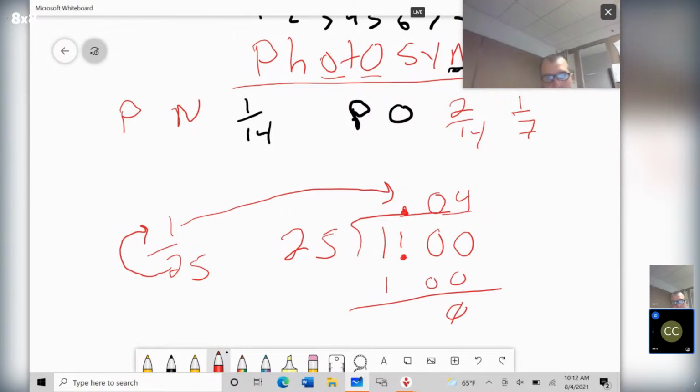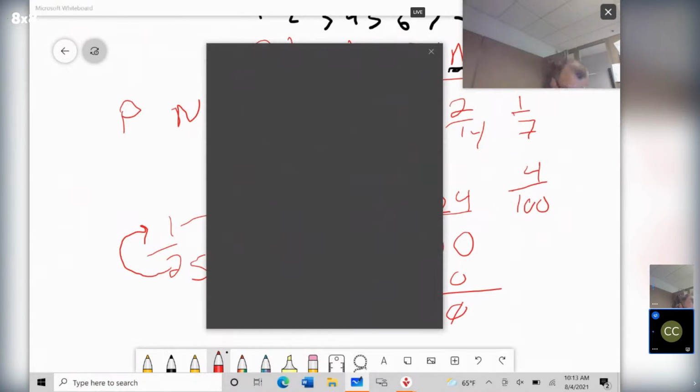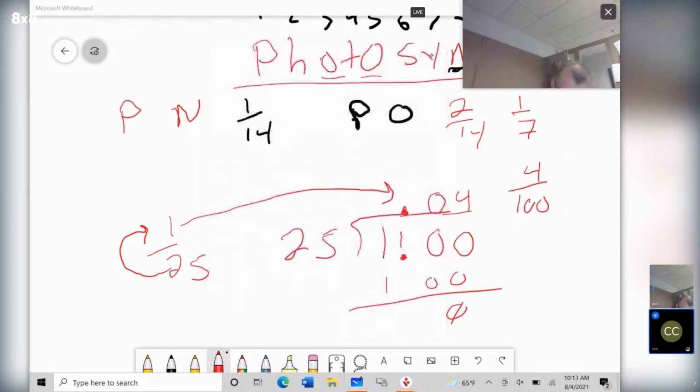So 1/25th converted to a decimal is going to be 4 100ths. Okay. And when you convert 4 100ths, that would just be 4 over 100. And the percent of that is going to be 4%. So it's going to ask you to do a little bit of that on the worksheet.